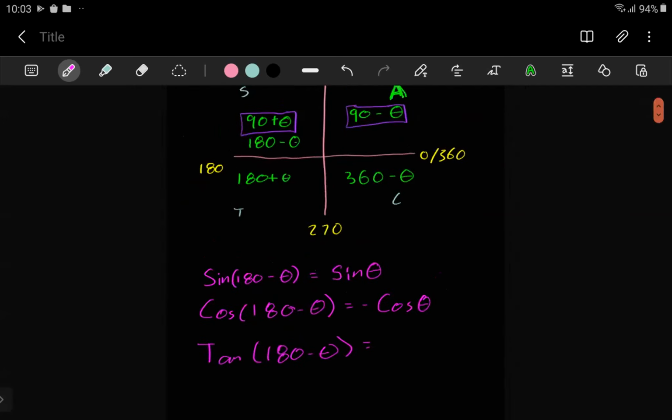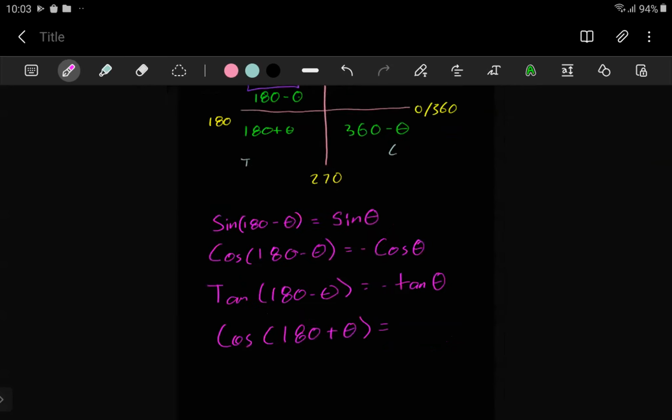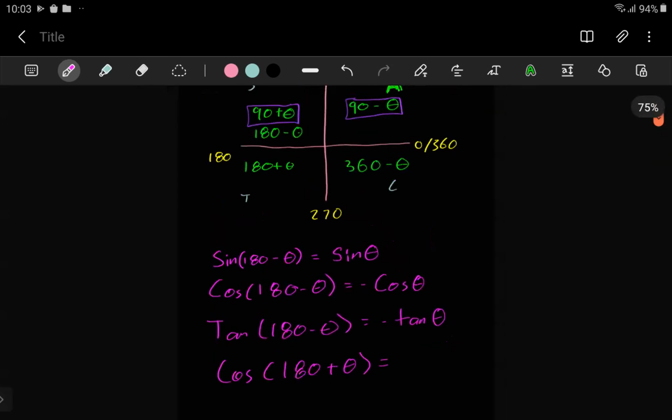Minus tan theta. Minus tan theta. Because tan is negative in this quadrant, right? And then what about this one? It's still minus cos. Minus cos theta.